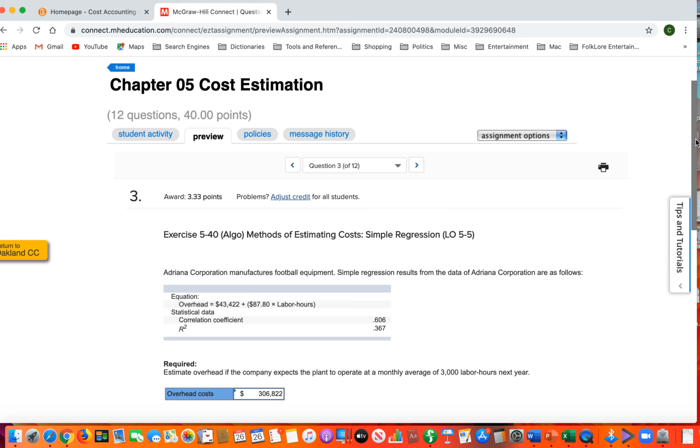So what you do is insert labor hours where it says labor hours. And what are the labor hours here? 3,000 labor hours. So it will be 43,422 plus, in parentheses, 87.8 times 3,000 hours. And you do the math and you should come up with 306,822.